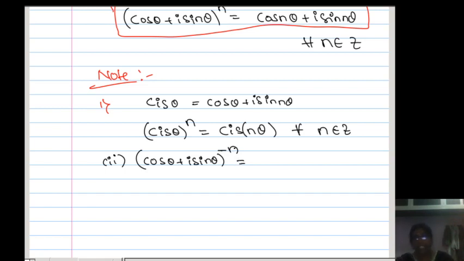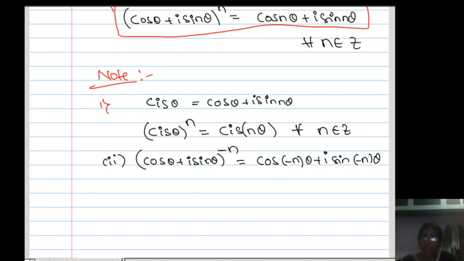Like if I take n as positive, minus n means negative. What is the relation of this? This is also the same thing: cos of minus n theta plus i sin of minus n theta. By using De Moivre's theorem, because n belongs to any integer, positive or negative, the relation is true.